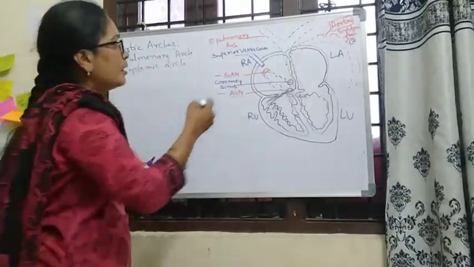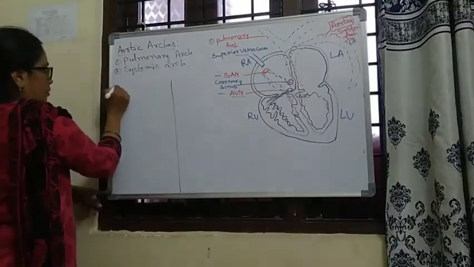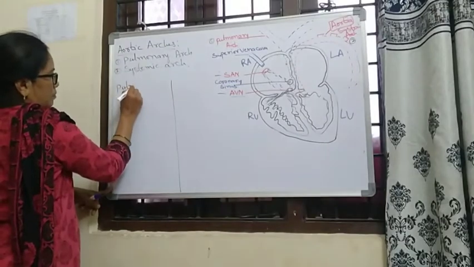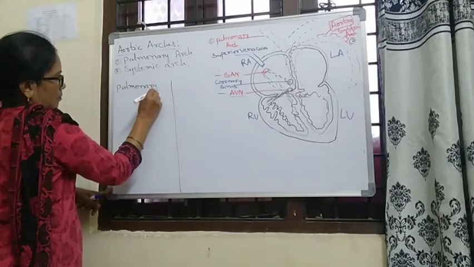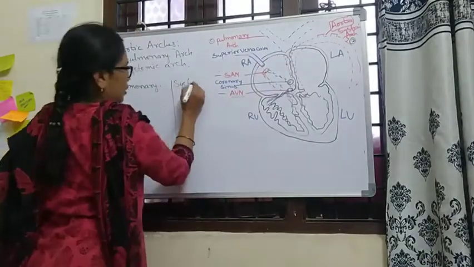Here the pulmonary arch arises from here, and here it is called the systemic arch, or aorta.